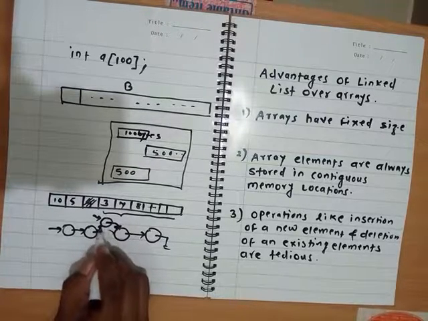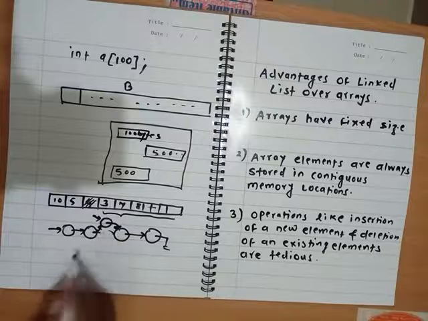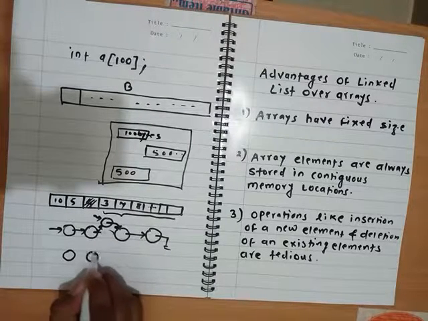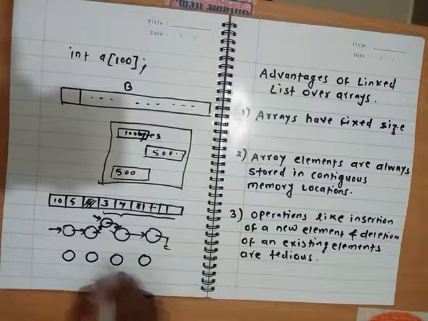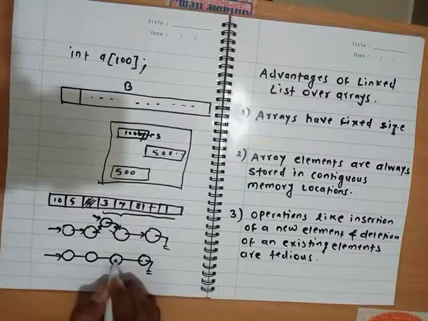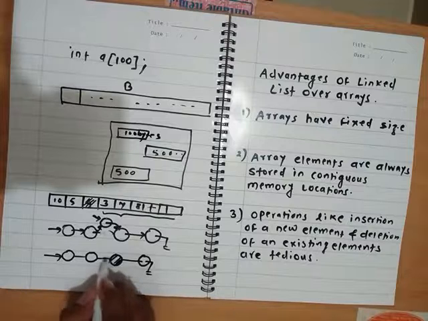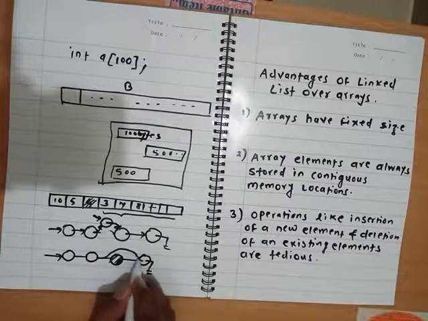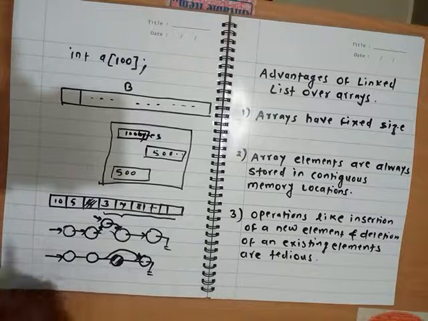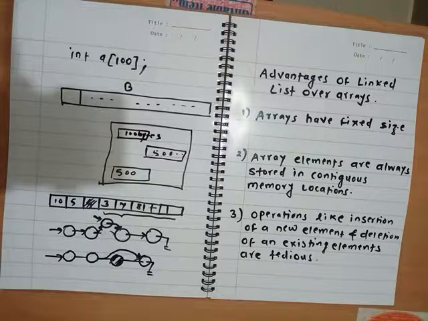So I need not shift anything towards left or right in case of insertion. Similarly, in case of deletion, if I have a linked list which looks like this, and let's say I want to delete this, I will simply make the next pointer of this node point to this node. So deletion is also very simple in case of a linked list.